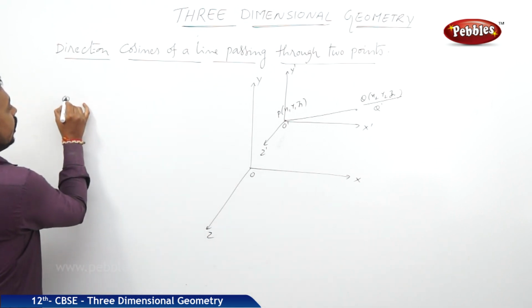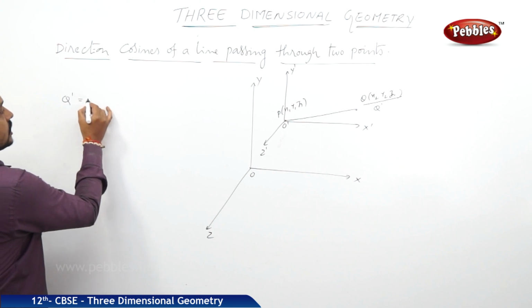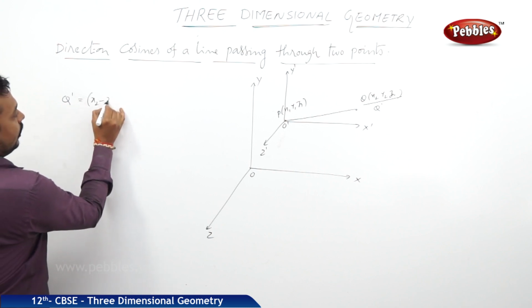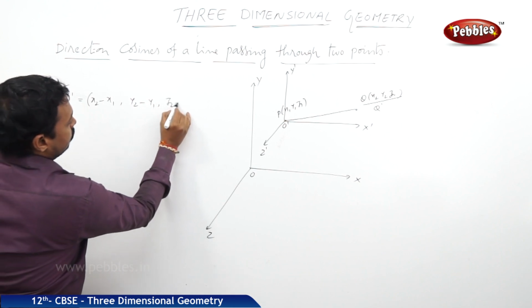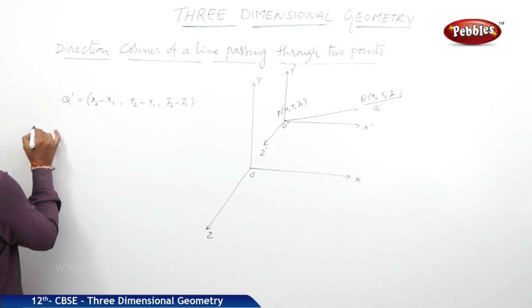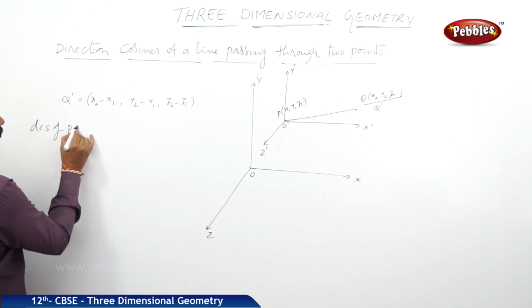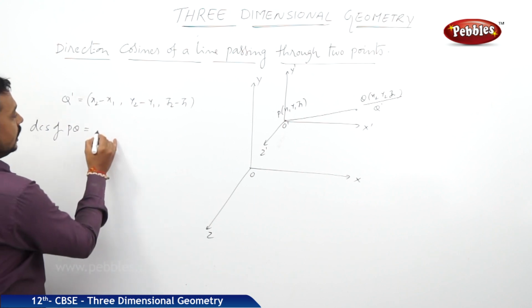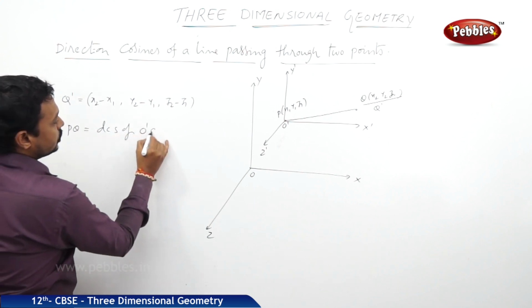The new coordinates of Q dash are x2 minus x1, y2 minus y1, z2 minus z1. Now, the direction cosines of PQ are equal to the direction cosines of O dash Q dash.